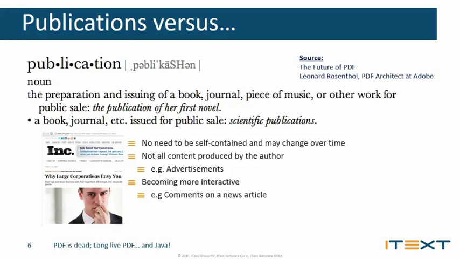And not all the content in a publication is produced by the author. For instance, on a website, you have ads or comment sections. Publications are also becoming more interactive. You have comments on a news article or contributions by people who don't own the website.